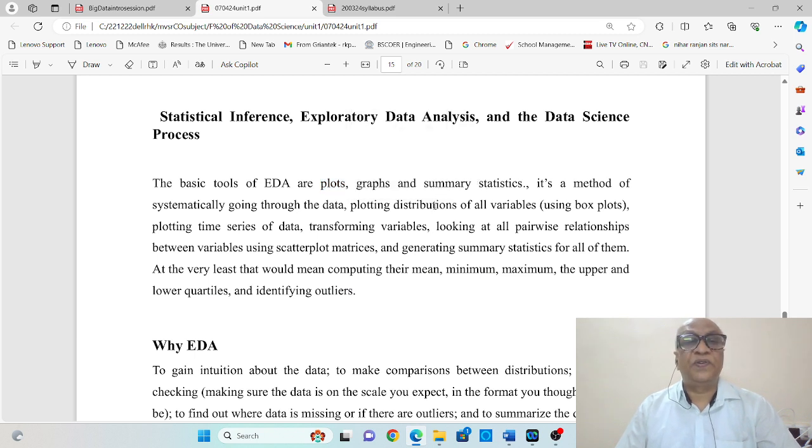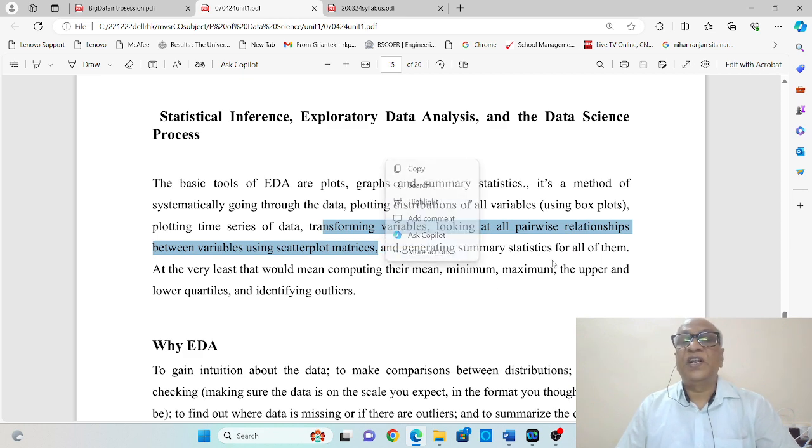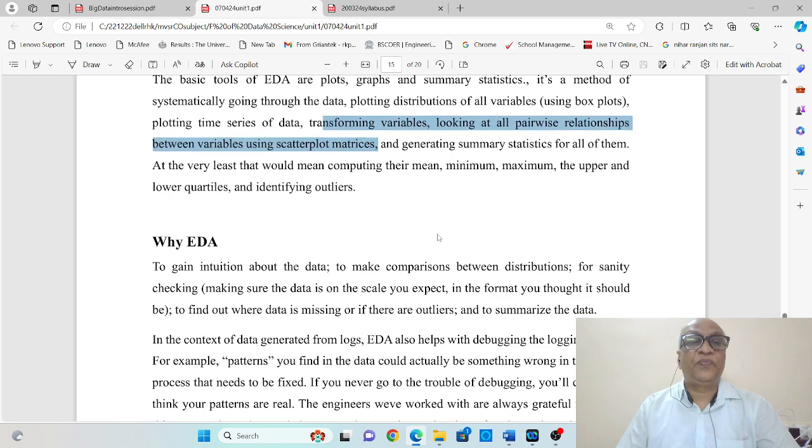So exploratory data analysis is a method of systematically going through the data, plotting distribution of all variables, using box plots and various other plots, plotting the time series data, transforming variables, finding relationships between variables using scatter plot matrices, and generating summary statistics.